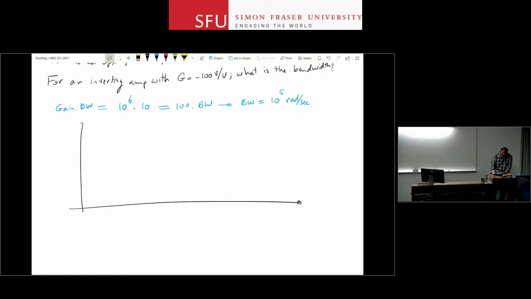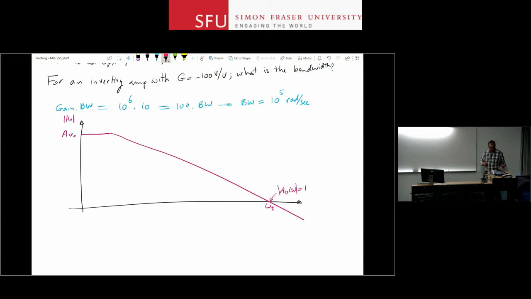If I want to plot these gain values versus what happens to the bandwidth, originally you have a situation like this. So this is AV0, and your gain starts to drop, and you hit ωT when gain is 1, or the amplitude, right? So this is the amplitude of AV.